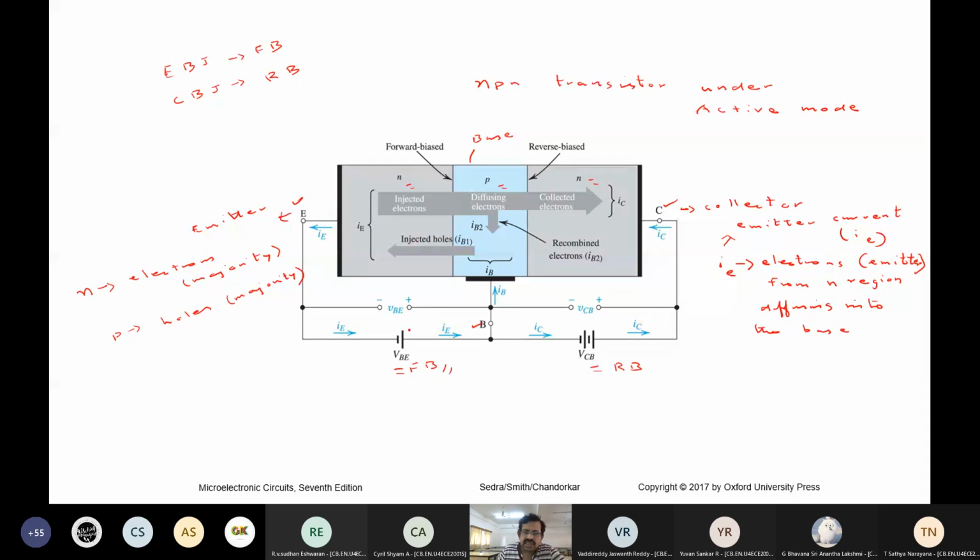One is the electrons from the emitter, under forward bias, diffusing into the base. Similarly, the second component is holes from the P, that is the base region, readily diffusing under the influence of forward bias into the emitter.